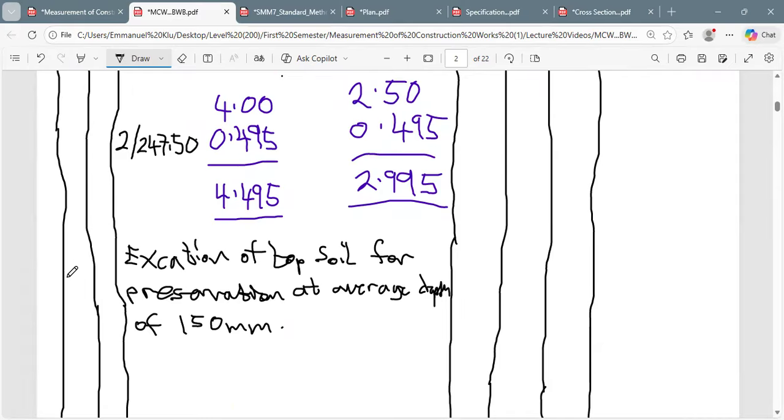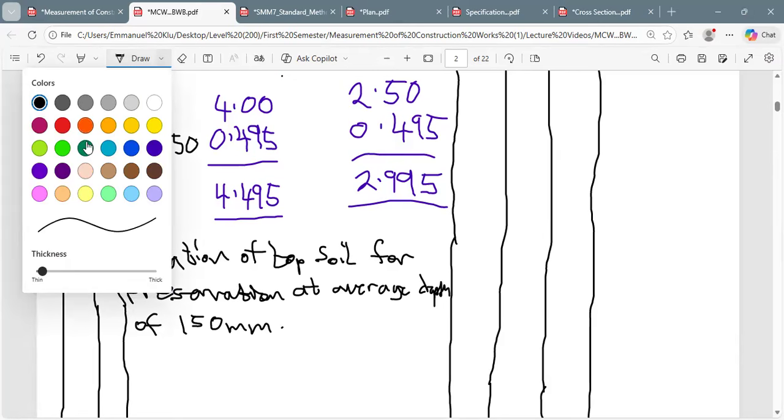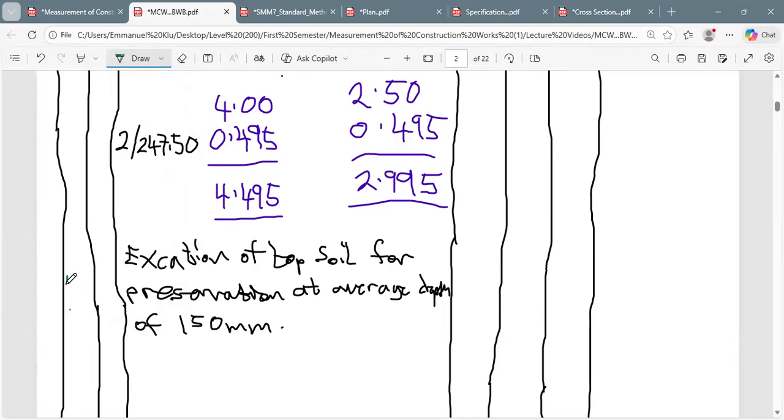So let's say this is going to be 4. If you run this, you want to just write two decimal places. So 4.50, 4.50.